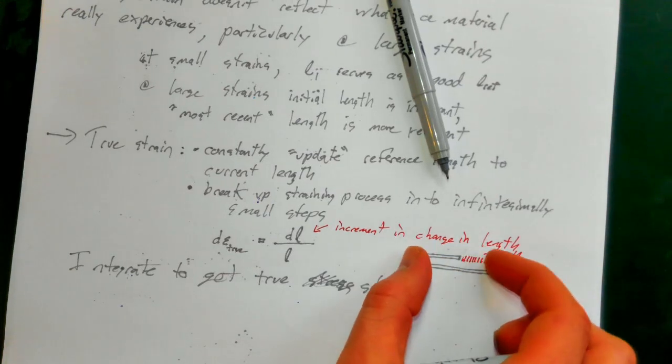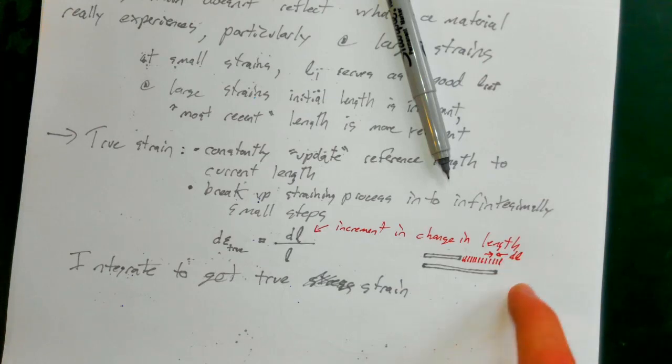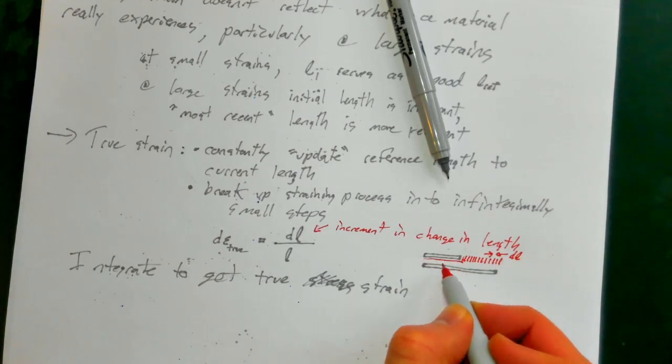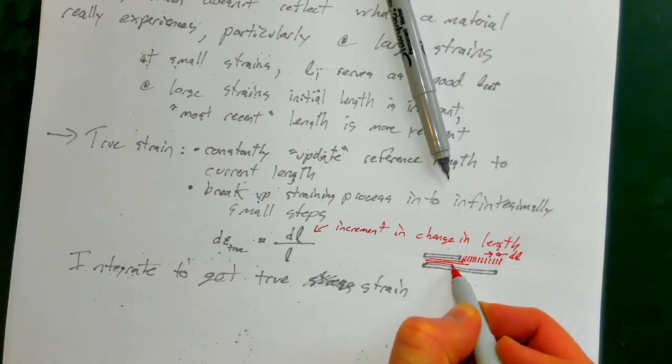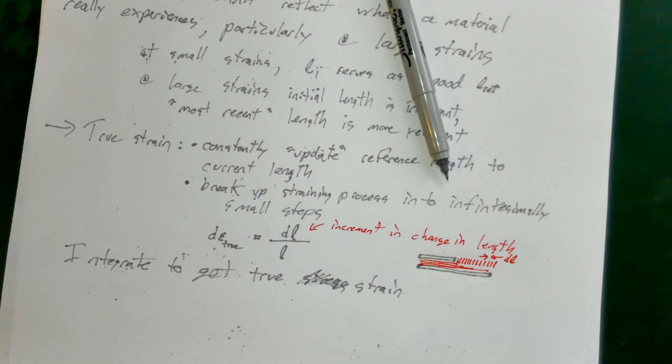And in this overall straining process, I would accumulate all of those dl's, normalizing each one by whatever its length was at the current step in the stretching process until it got to the final value.